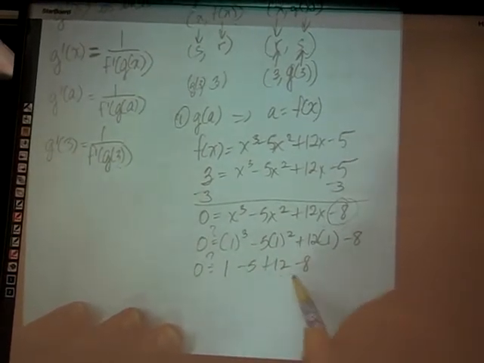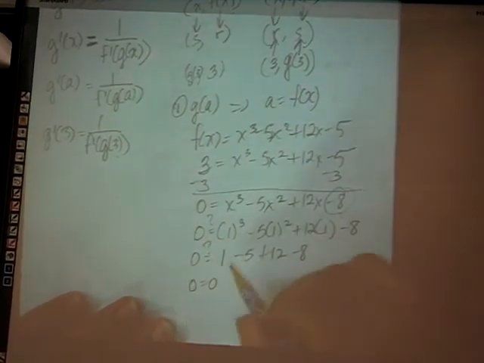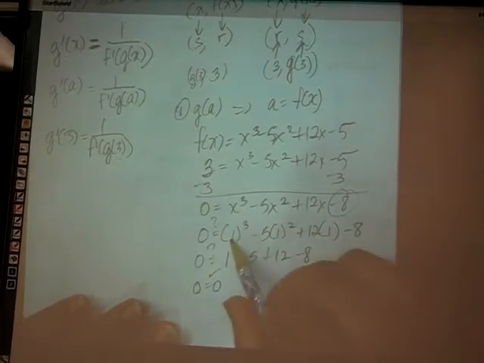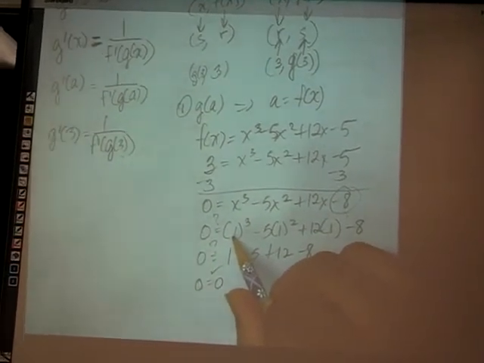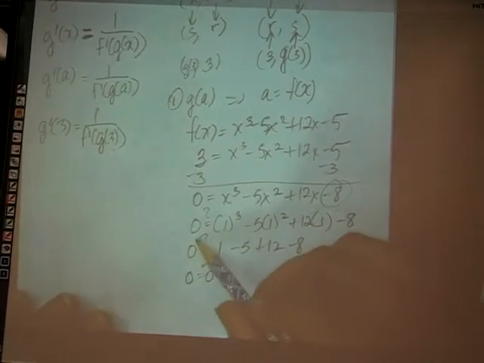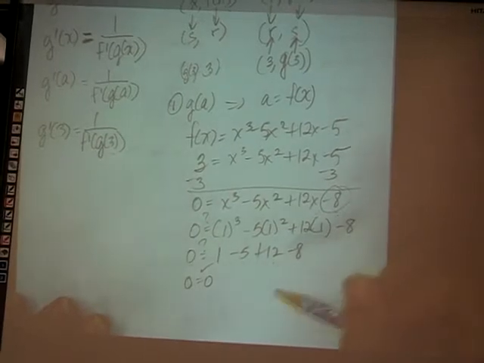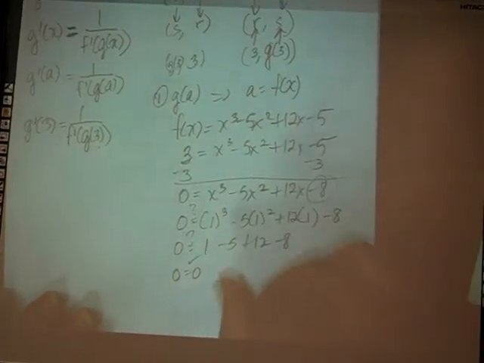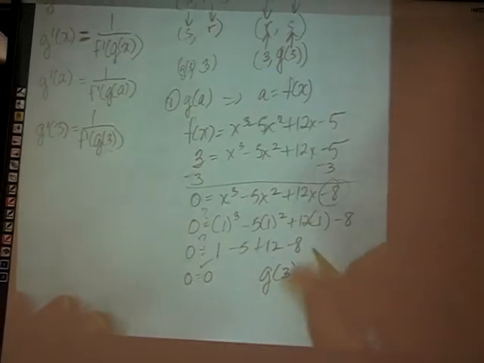And 8 minus 8 is 0. So I'm getting 0 on both sides. So 1 has to be the x value, or one of the x values in this case, that gives me a true statement in this formula. So what does that mean? Well, that means that g of 3 has to equal 1.